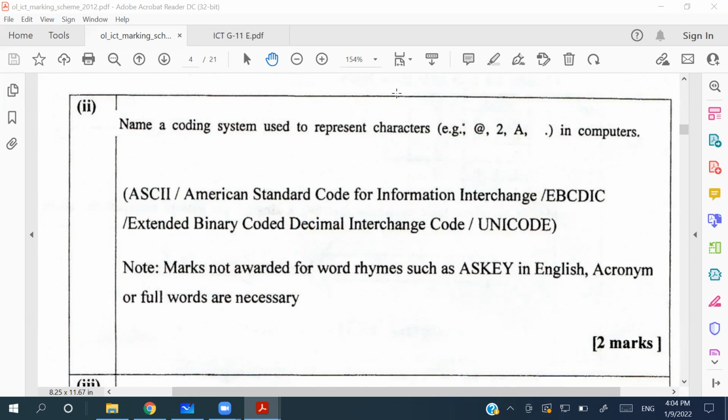Other than the BCD, all other techniques that we have learned, the ASCII code, EBCDIC, extended binary coded decimal interchange code, and Unicode, can be taken as a correct answer. So 2 marks if you have given any one of these techniques.